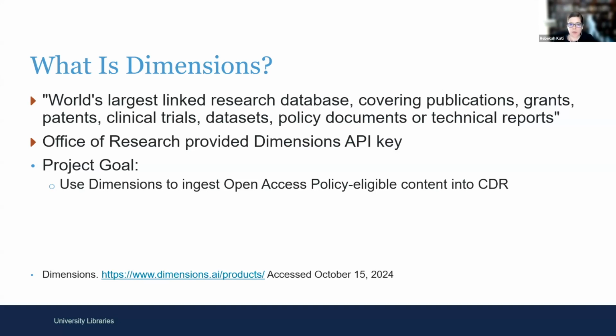They had a few API keys, and we got one, yay. So we were able to connect Dimensions to the CDR and import metadata for articles that were covered by our open access policy. So we were looking at articles that were published from January 2016 to the present. I'm going to hand things over now to Dave, who will talk more about the technical side of things.